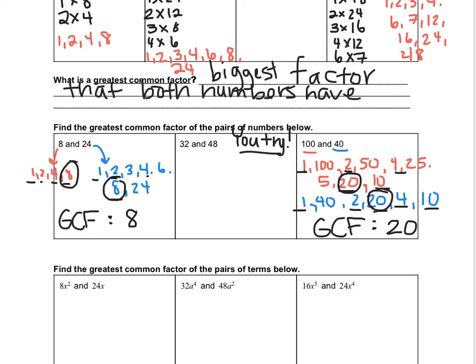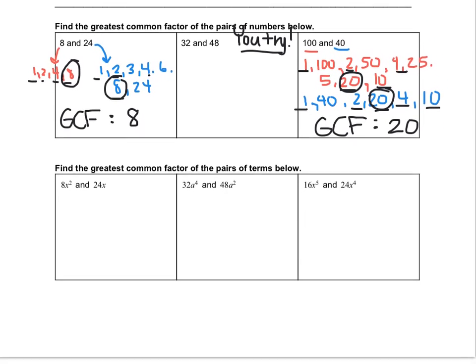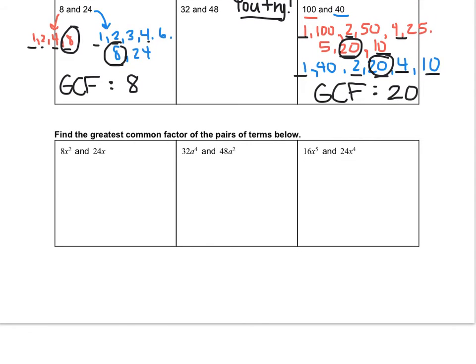Alright, you need to try 32 and 48. Gets just a little bit more complicated when we add in variables. But variables aren't that hard because really when you have x squared, that's just x times x, and x is just 1x. So the most that you can take out is just the 1x. Alright?